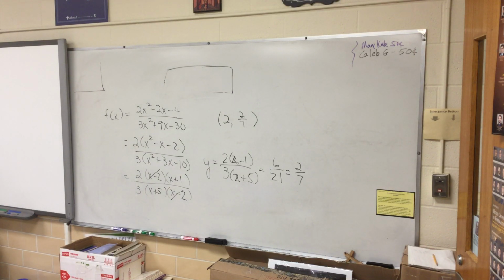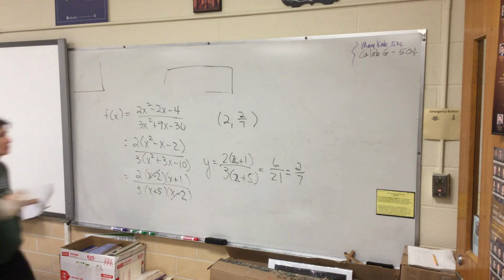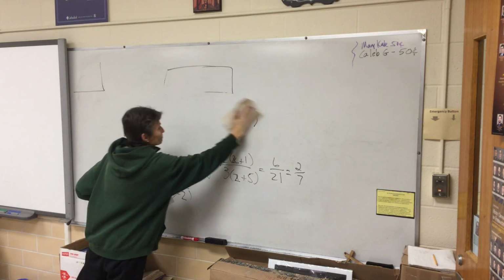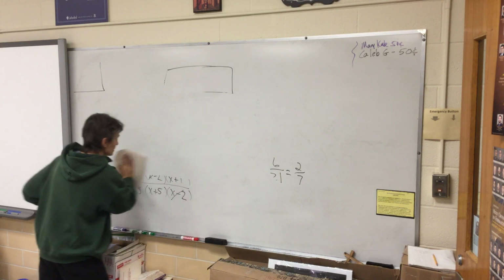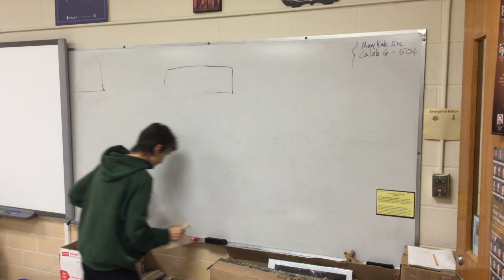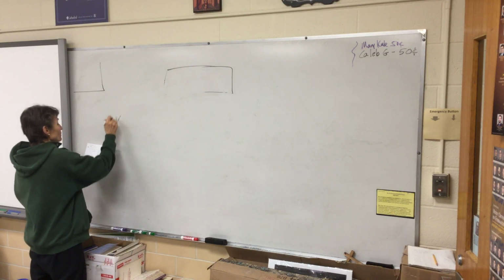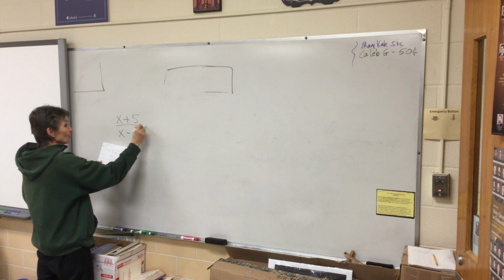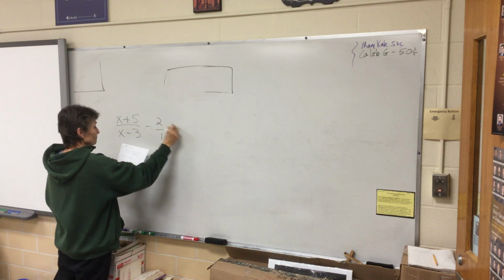Next, I'm going to solve a little rational inequality. So I'm going to start by getting a 0. I've got to have a 0. So I'm going to subtract that 2 to the other side.